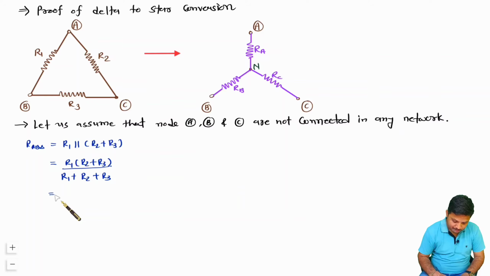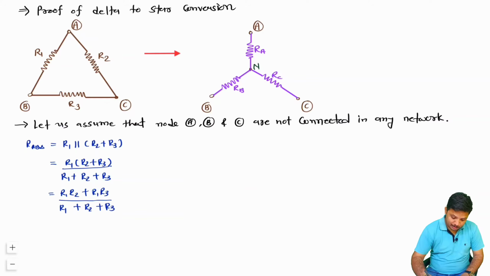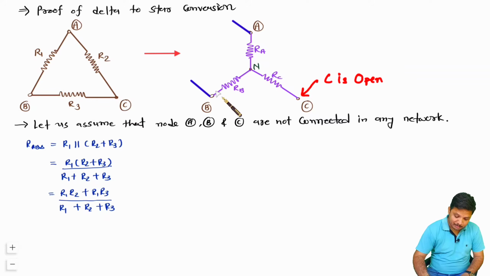Now if you simplify this further, then this will be R1 R2 plus R1 R3 divided by R1 plus R2 plus R3. And if you calculate equivalent resistance in between terminal A and terminal B in the star network, see, this resistance is not connected, it is open.